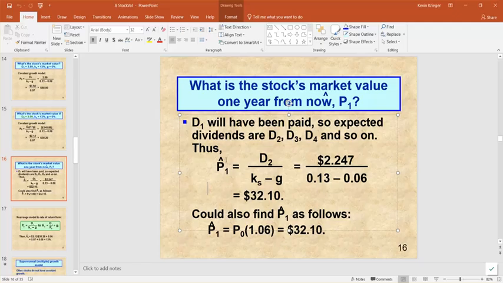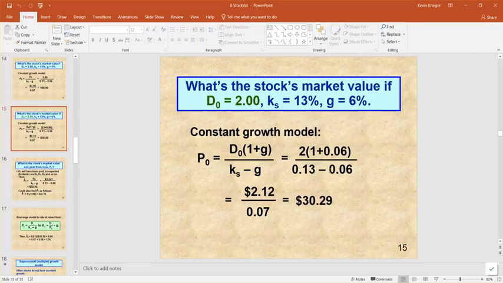There's even more detail to this too, which I believe the book spells out even better. What you actually have is more detail about how you're going to earn the 13%. 13% is your expectation of what you're going to make by owning this stock. Well, how are you going to make 13%?